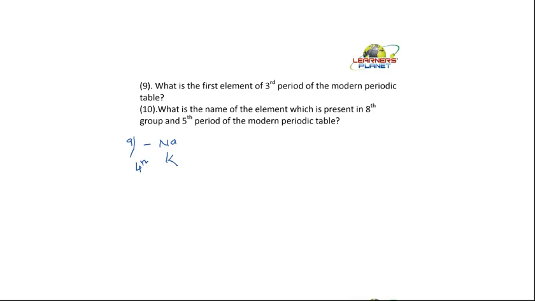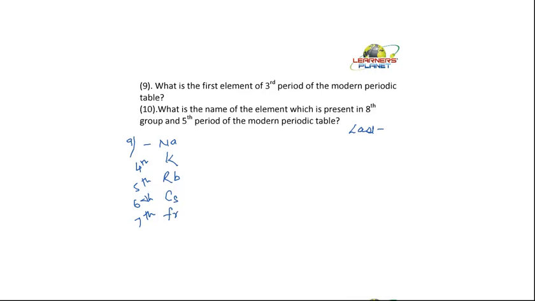It is potassium. The fifth period is rubidium. The sixth is cesium. The seventh period's first element is francium.